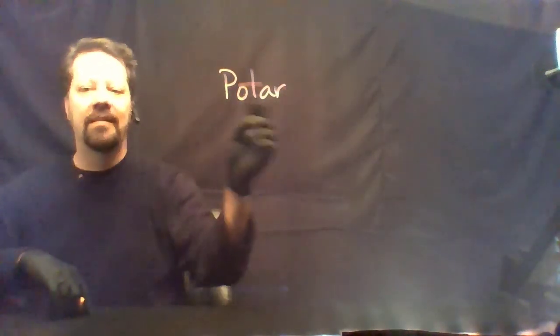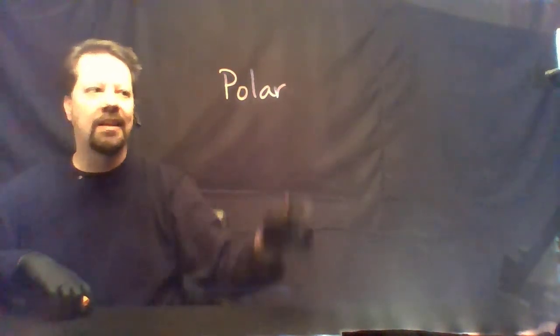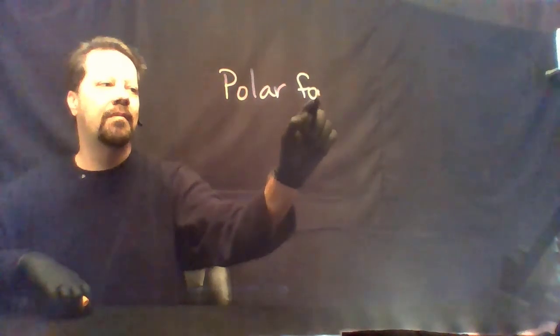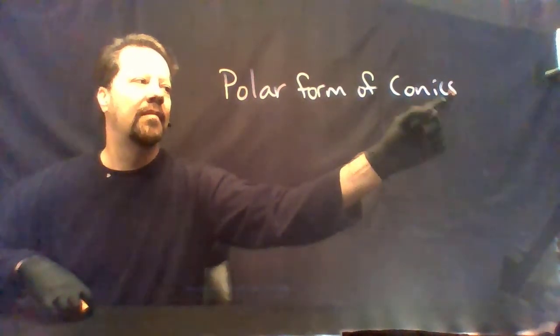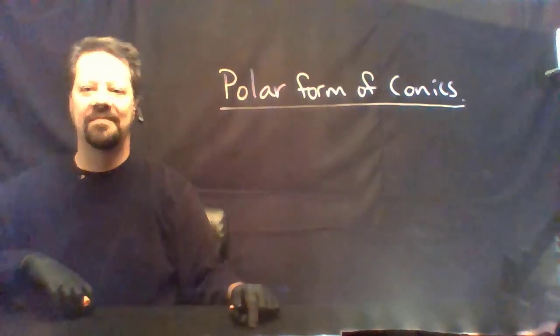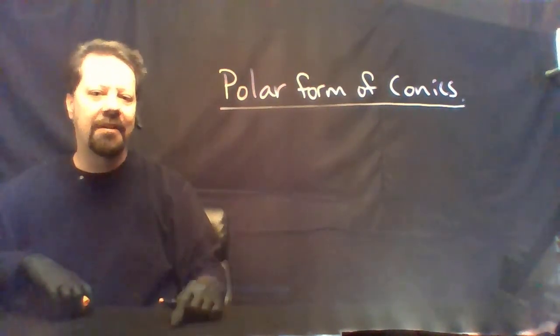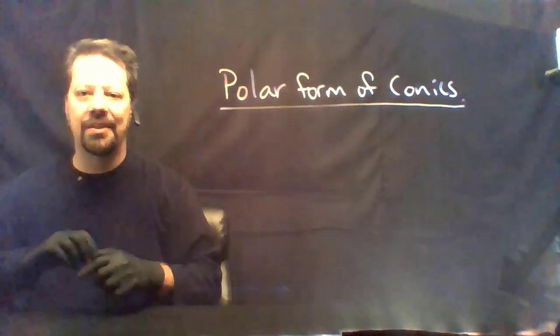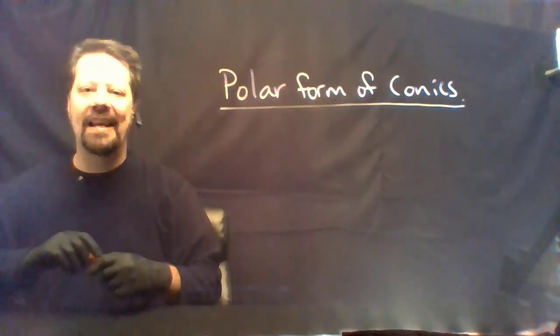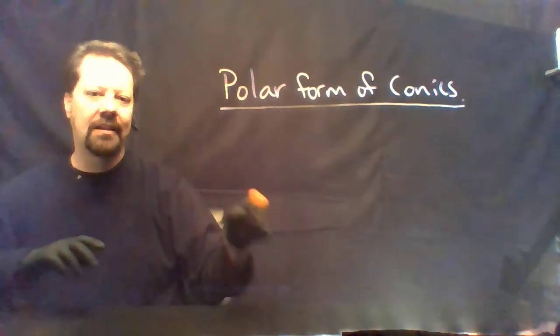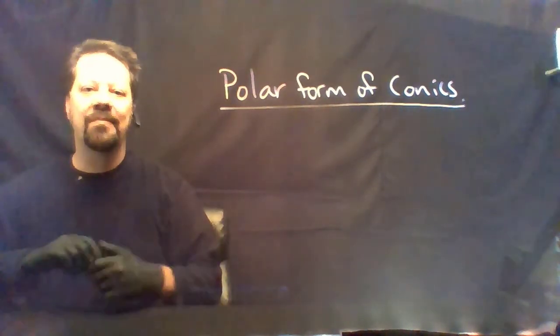One of the most useful forms by which we can describe conics is in polar form. These are very useful in astronomical applications. You'll recall Kepler's first law is that planets move around the Sun in the shape of an ellipse.